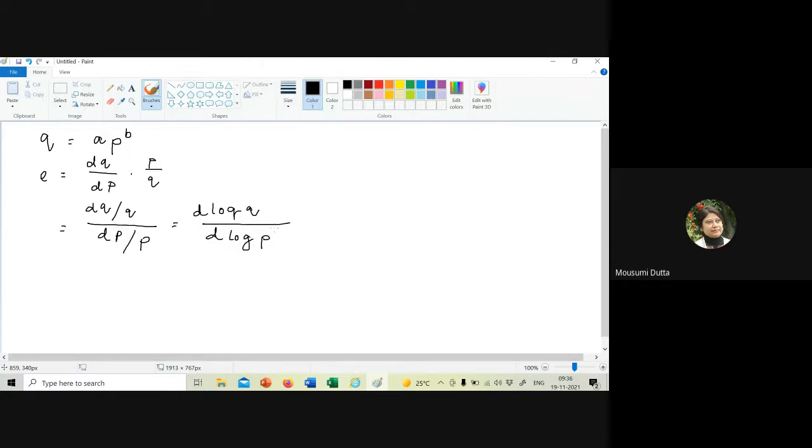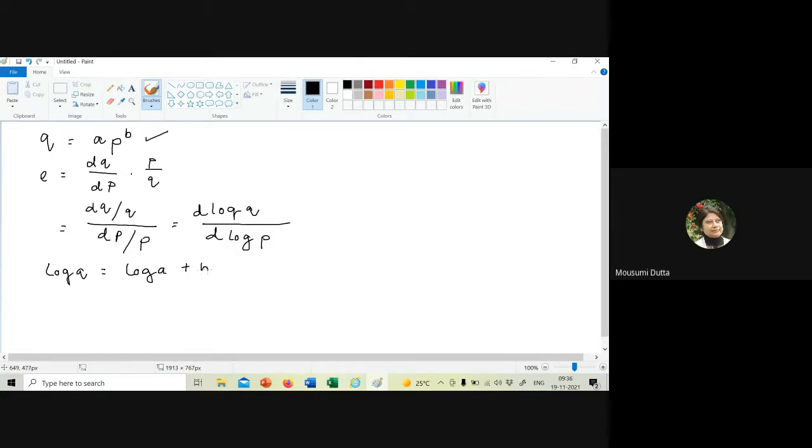Here you can use the formula dQ by dP into P by Q, or dQ by Q by dP by P. Alternatively, if it is in the product form, many times we use the idea d log Q by d log P. Okay, so can anybody tell me, for this equation Q is equal to A P to the power B, what will be the value of log Q? Log A plus B log P.